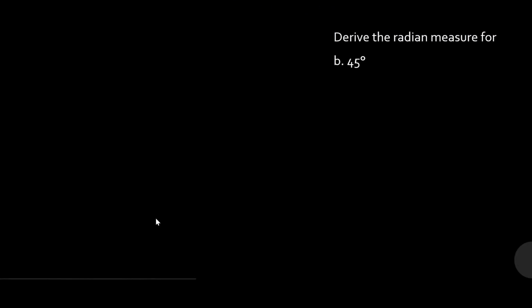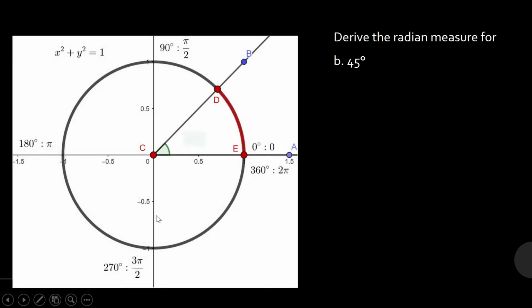How about 45 degrees? This is 45 degrees, and we are looking for the length of that arc, the arc whose endpoints are D and E. So let us set up our equation. The ratio of T over pi is equal to 45 degrees over 180 degrees.